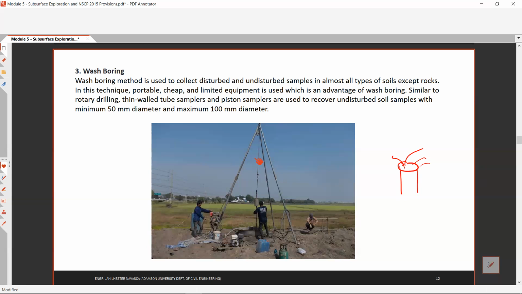Since this washboring is very cheap, they just need to use ordinary equipment.